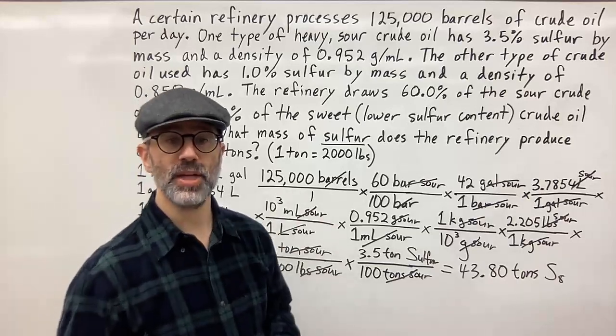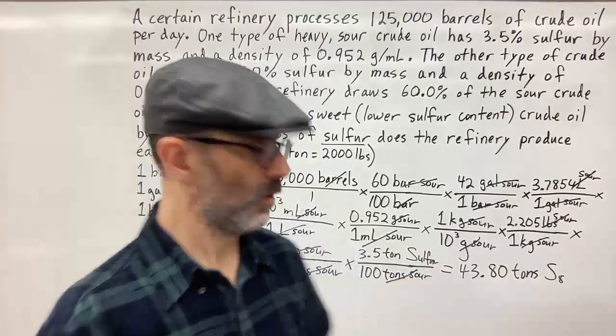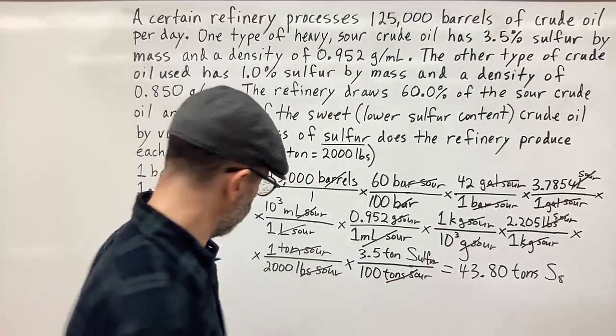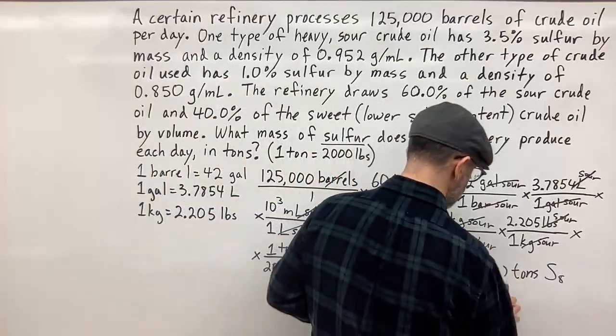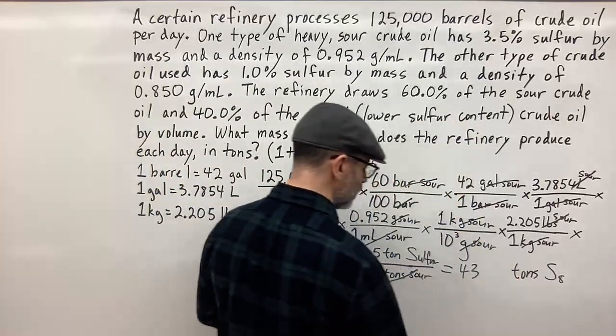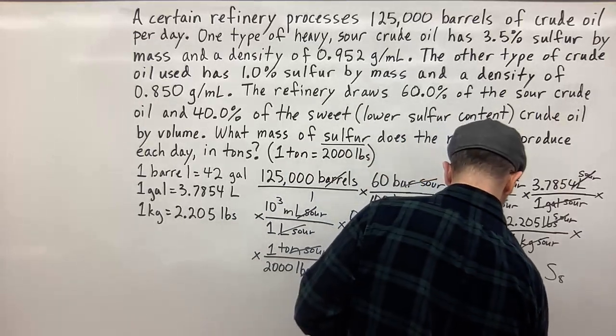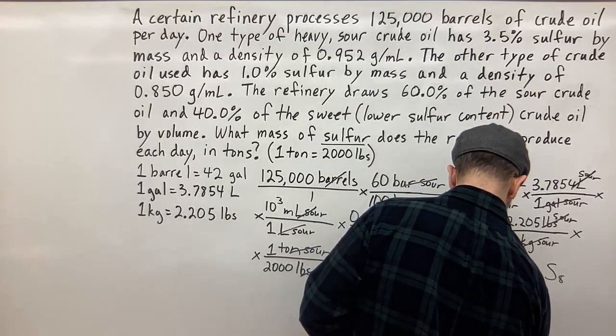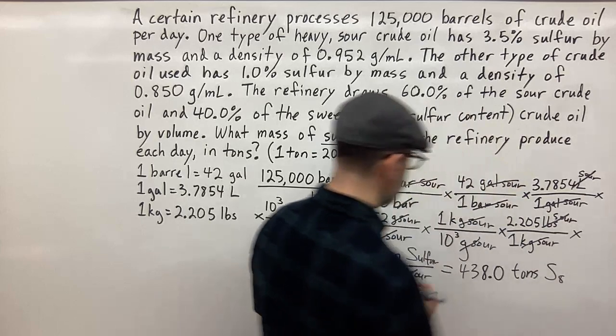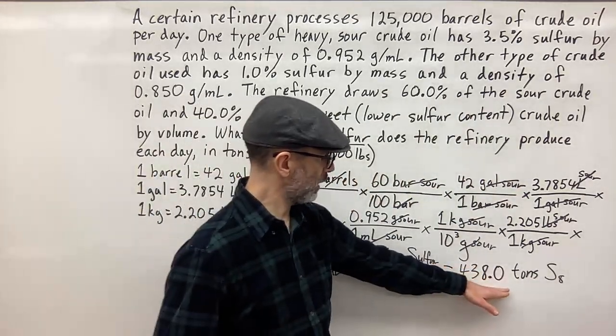That's 60%. Okay, so next, I need to change this. I put the decimal point in the wrong area, so it should be 438.0 tons. So that's the correct answer.